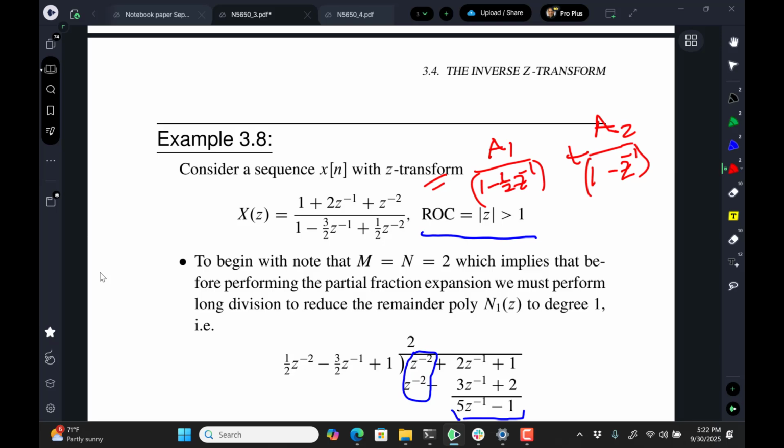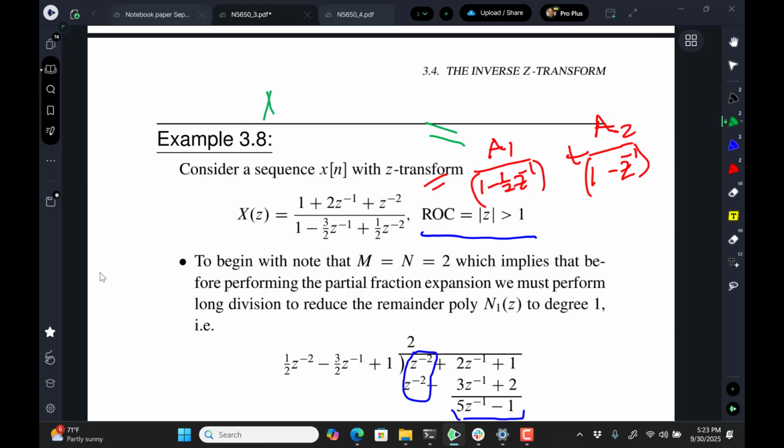You'll get an A1 and A2, but if you were to take this answer from here, in other words, once you get A1 and A2 and try to go back to the original X of z, look what's going to happen.